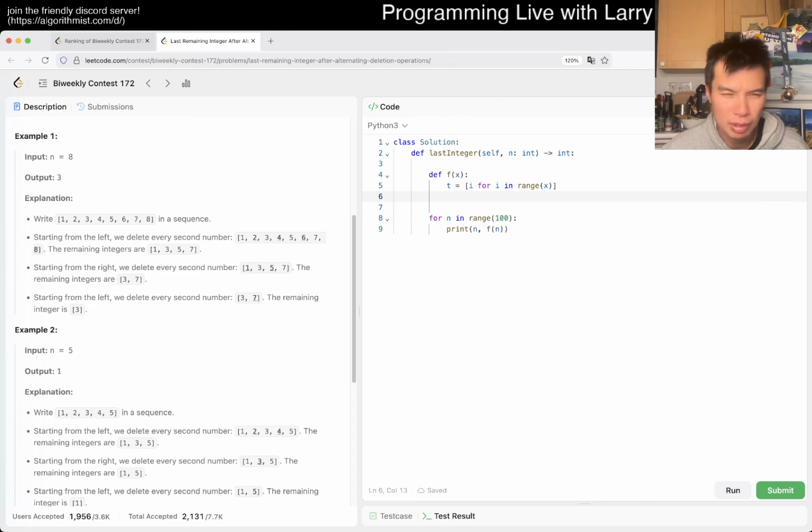It's 0 indexed, but that's fine. And then now.